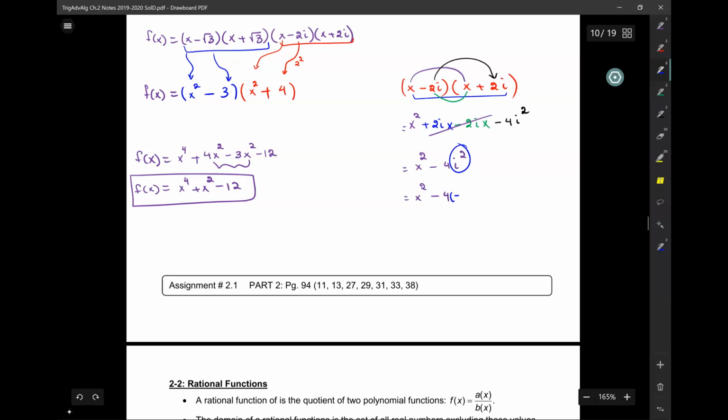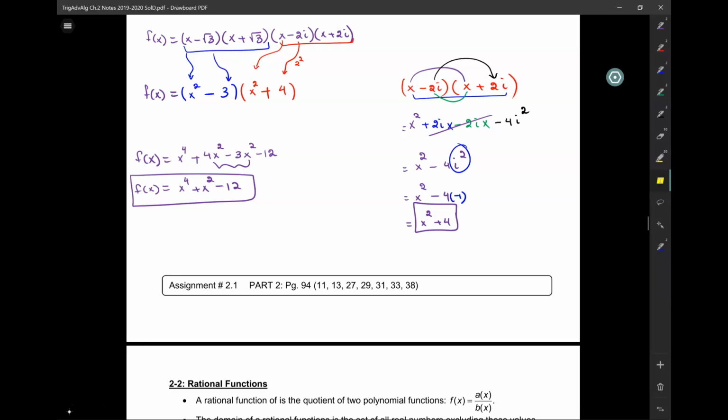Negative 1. i squared is negative 1. So now, this is x squared plus 4. Okay? And there is that.